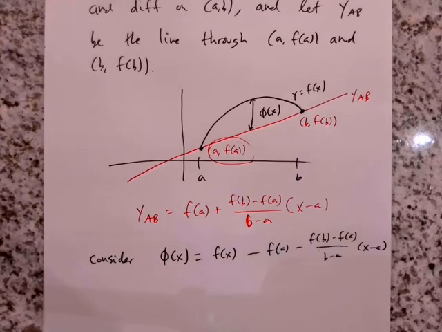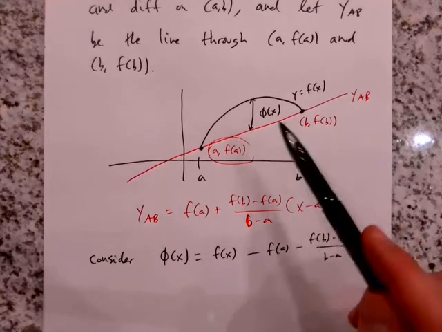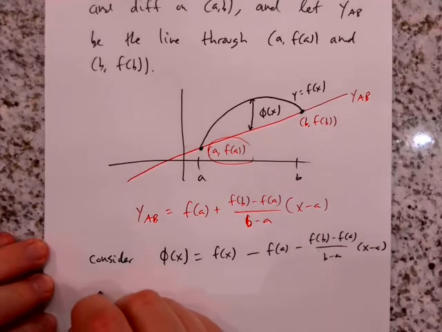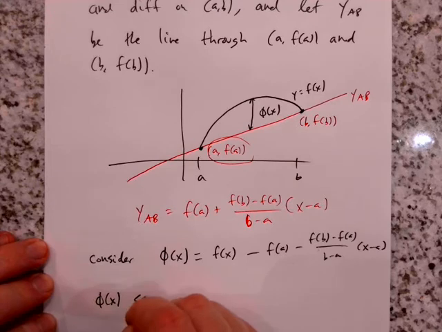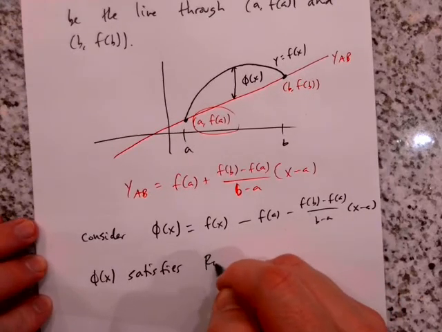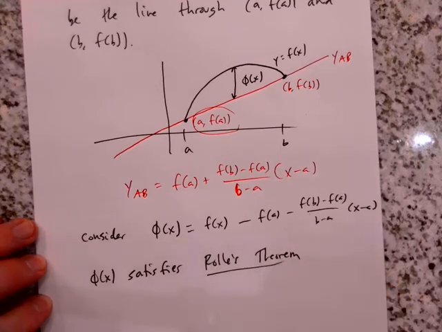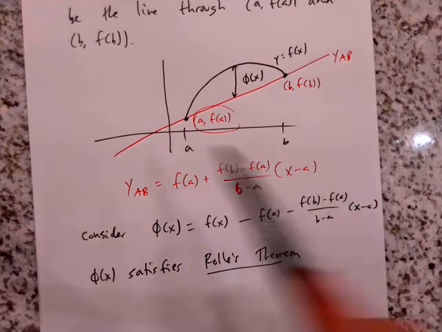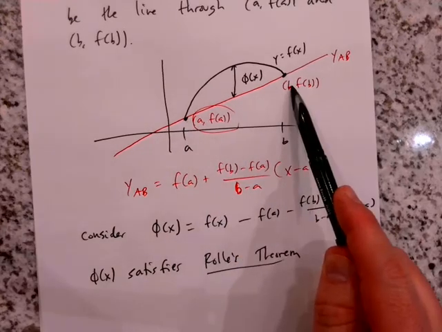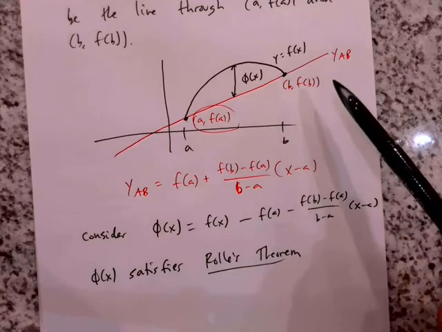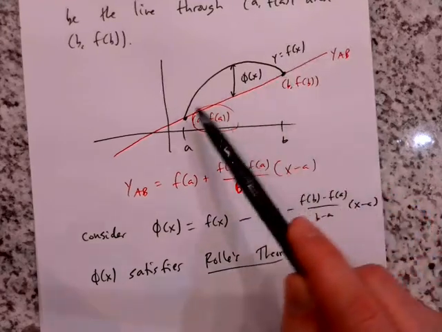And why we did this is that phi of x satisfies Rolle's theorem. Because at the endpoints a and b, phi of x is 0, since f of x and y sub AB intersect there.